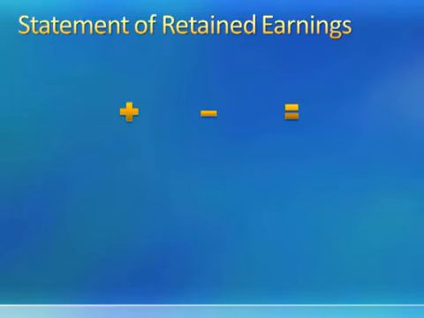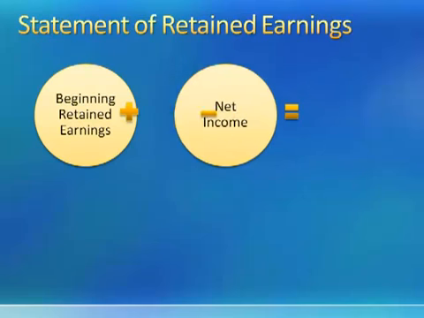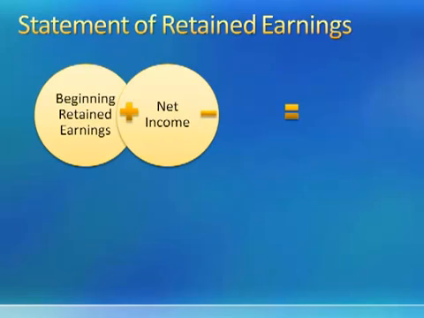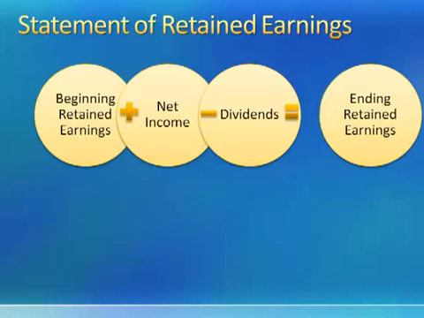If we take a look at retained earnings, it would have a beginning balance, our starting point for the accounting period. To that, we add net income. Net income we'll study in more detail, but for now, it represents the profitable operations in the business. Subtract dividends. Dividends are profits returned back to shareholders.